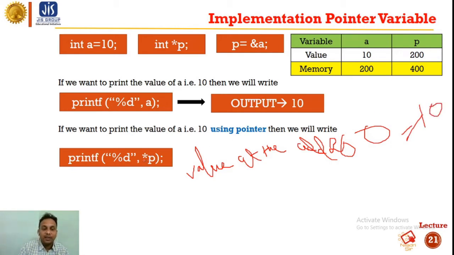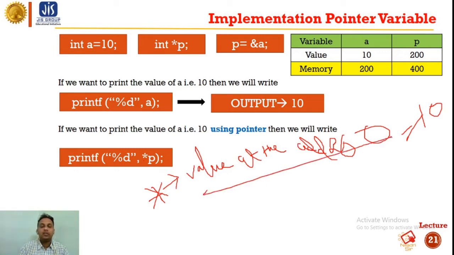This pointer basically means, what is the meaning of this? This means value at the address. You just substitute this pointer with the term value at the address. After that, what is there? That is p. What is the value of p? p is 200. So what is the complete sentence?